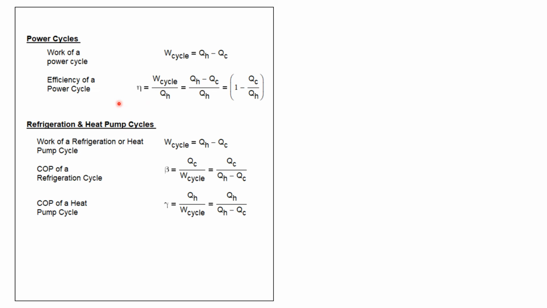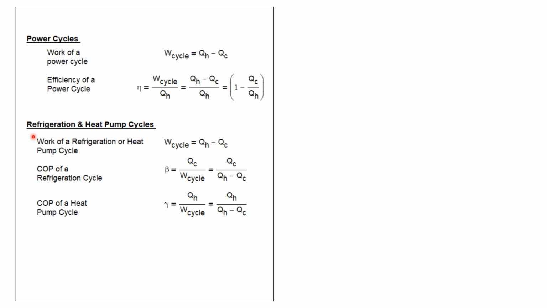And the efficiency of a power cycle, which is a number less than 1, is simply what we want divided by what it costs us to get it. What we want is the work output, and what it costs us is the heat input. So using the energy balance substitution, we get that the efficiency is QH minus QC over QH, which we can simplify to 1 minus QC over QH.